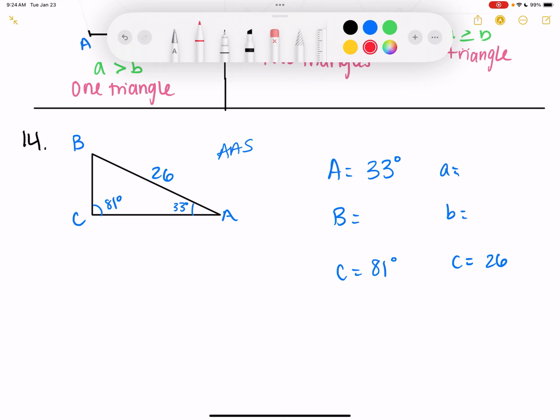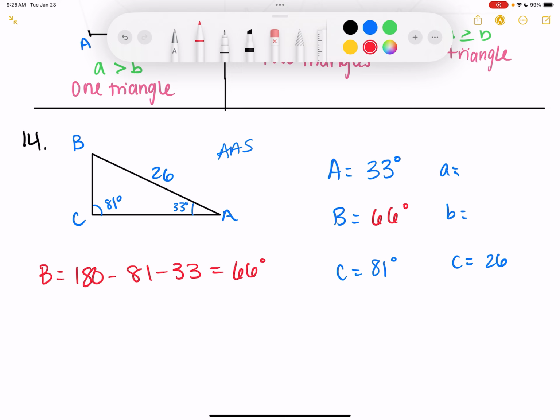Angle B. So, that's going to be 180 minus 81 minus 33. Which is what? 66.